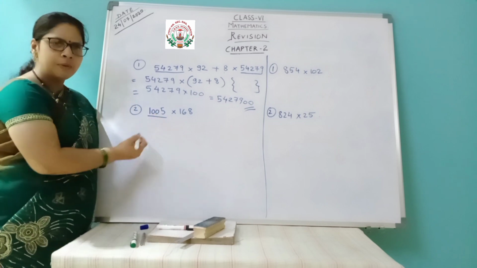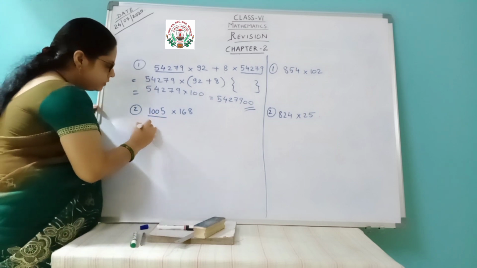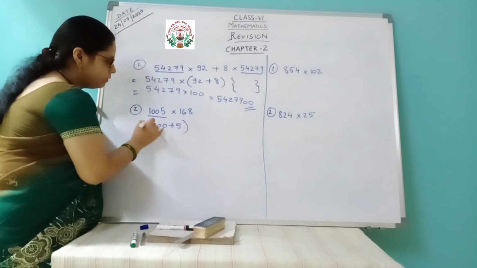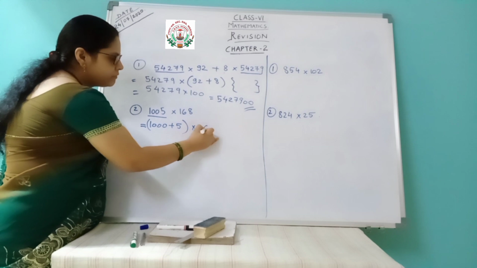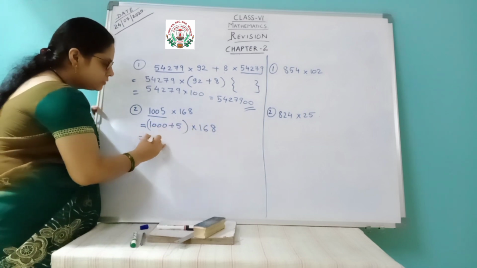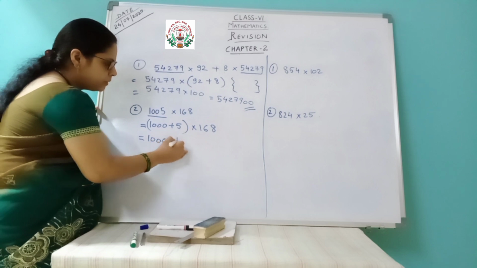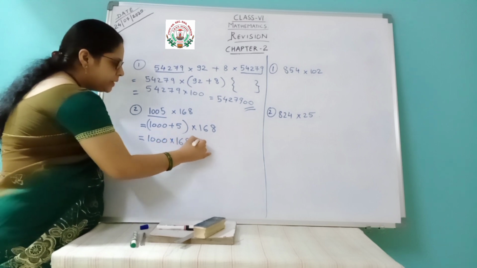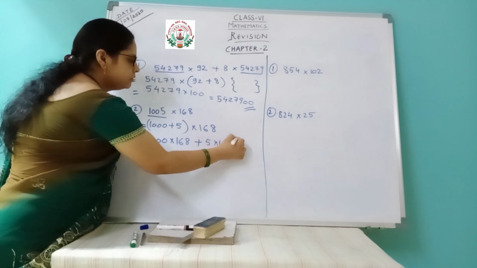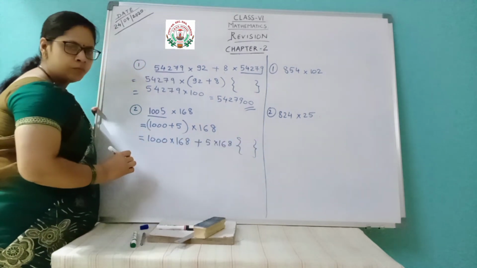So we will separate this 1005. We will write 1000 plus 5 in one bracket and multiplied by 168. Now using distributive property, 1000 multiplied by 168, then plus 5 into 168. The reason you will write is distributive property.